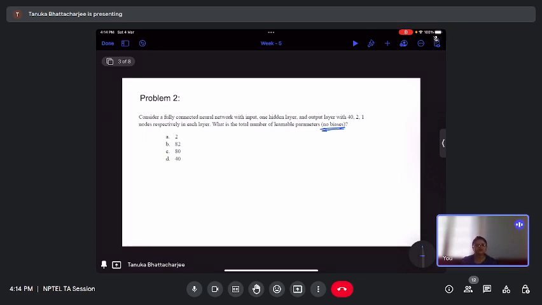So, can any of you give that answer? How many learnable parameters, or in this case how many weight parameters will be there in this particular network?